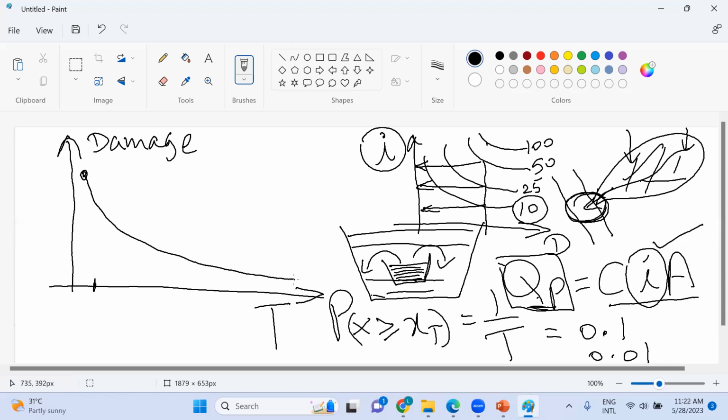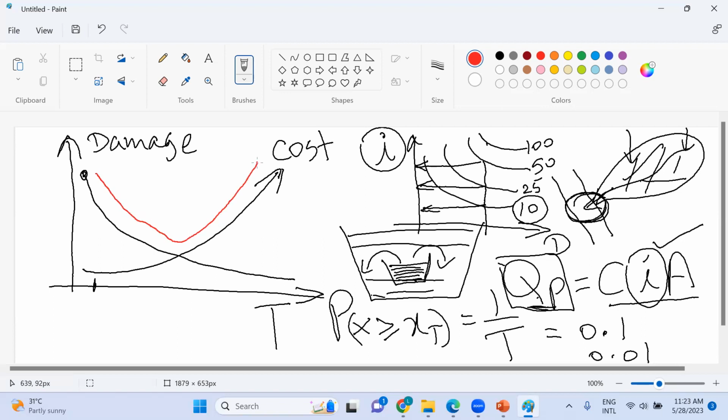But what is the drawback? Larger return period means larger cross section. Larger cross section means you have to spend more money for the construction, for the excavation. So as the return period increases, the cost increases. Therefore, you need to have a balance between these two.